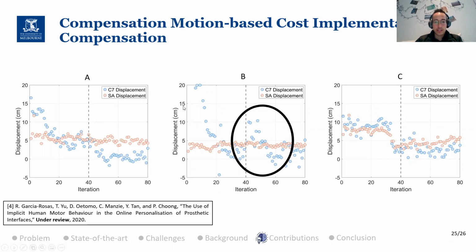Now B, so this is what I mean when I say they sort of forgot what they were doing. After the rest time, this person started leaning forward again. So there was no change in the setting or anything in the prosthesis, except for what the algorithm was doing, and that's what caused the algorithm to go to another set point and diverge, and then eventually get back, but it was not really the best for this person because of this discontinuity cost.